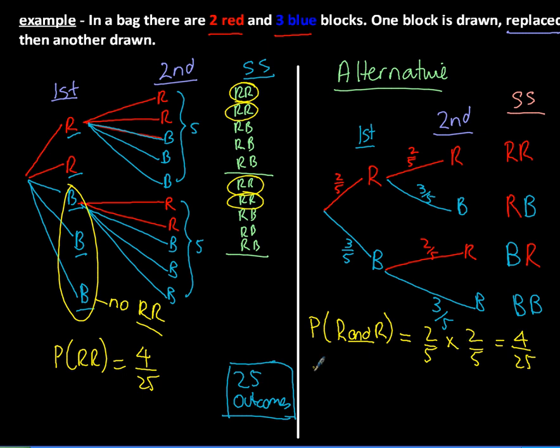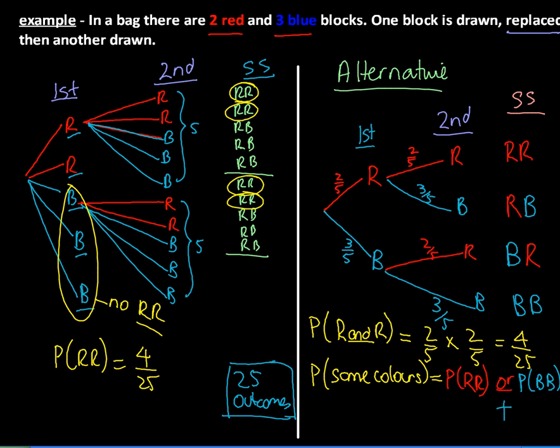Let's say we wanted the probability of getting the same colours. All right, so what does that mean in our sample space? That really means that we want the probability of getting a red, red, or a blue, blue. Oh, we've got the word or coming up now. We know that or means plus, don't we?